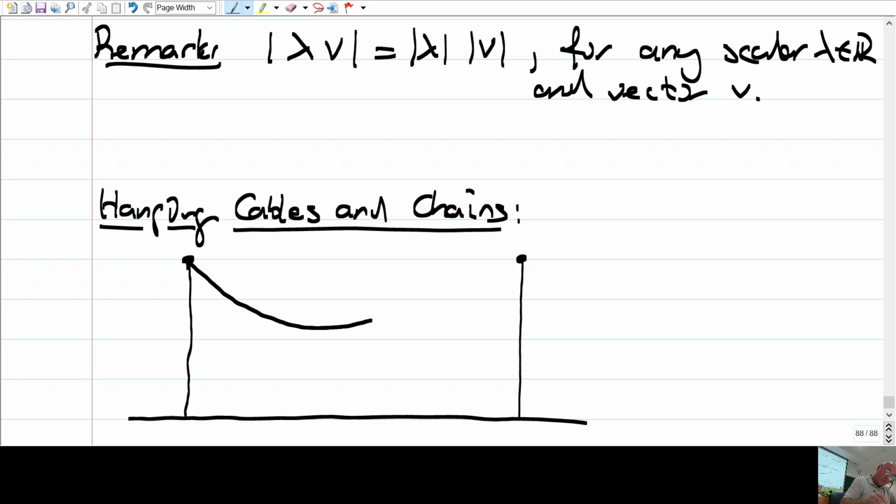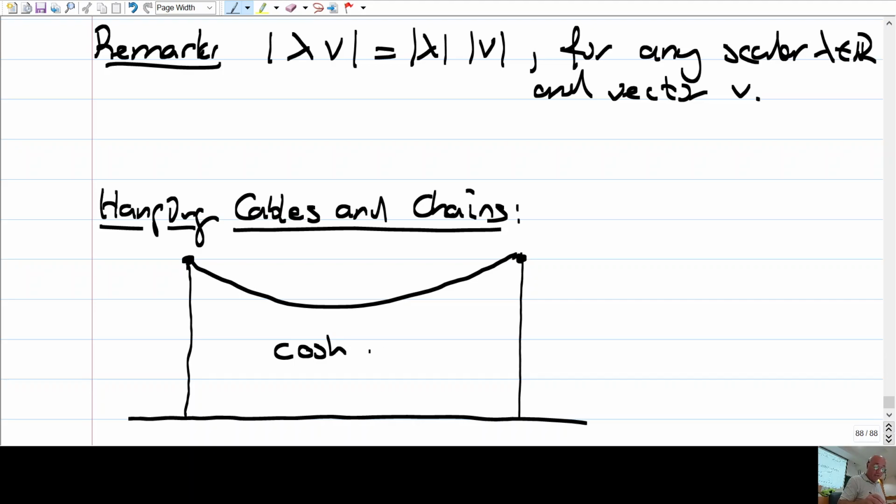So it has a shape usually like this. It looks like a parabola, but it is not a parabola, okay? It is cosine hyperbolic x. So this figure is cosine hyperbolic lambda x, something like this.